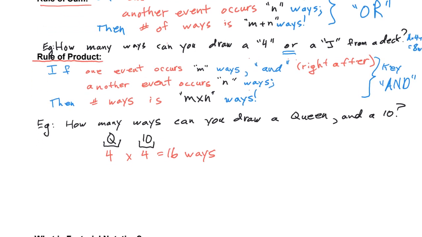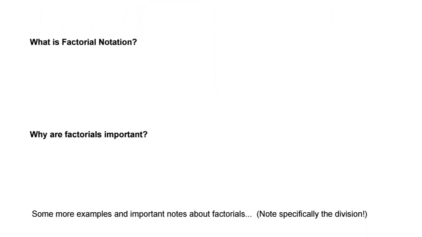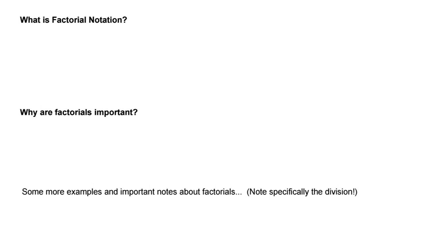And here we go. So, what is factorial notation? Okay. The first thing that you have to understand is that there's 2 words here. It's a compound word. Factorial. What is a factorial? Let's describe a factorial. This is a factorial. Let's say I have 5 factorial.